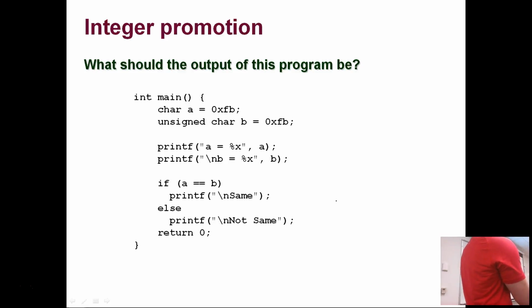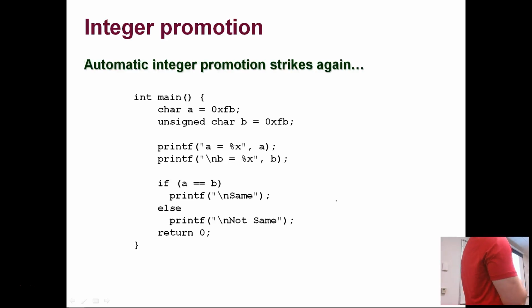Print me the hexadecimal representation of char A. You think FB? Okay. And then this would be the same? This is the unsigned FB, FB, and then these should be the same, right? If they're both FB. No, they're not.